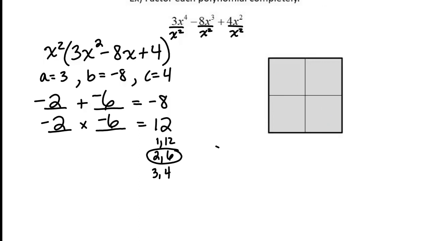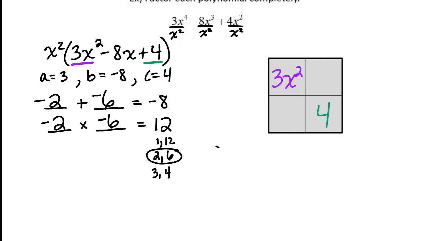So, on a count of 3, tell me what goes in that first corner box. Ready? Tell me in 3, 2, 1. 3x squared. Okay. And the other corner, what do I put? Tell me in 3, 2, 1. 4. Good. So that came from the first piece, 3x squared, and the constant part.